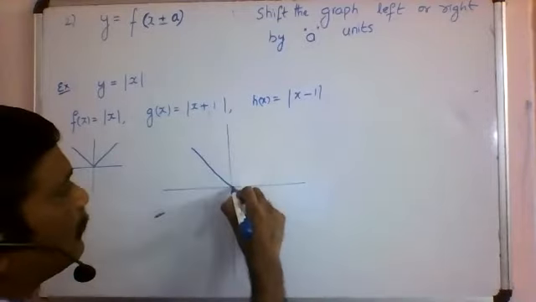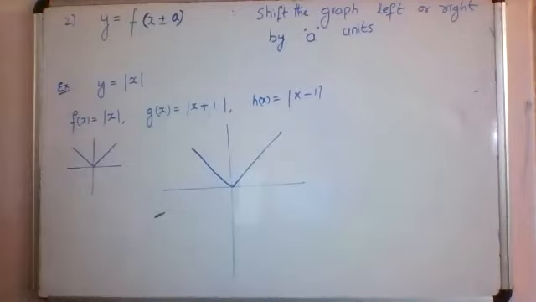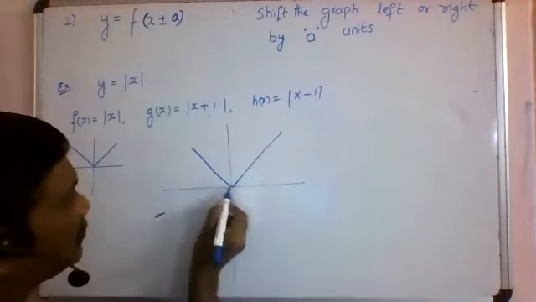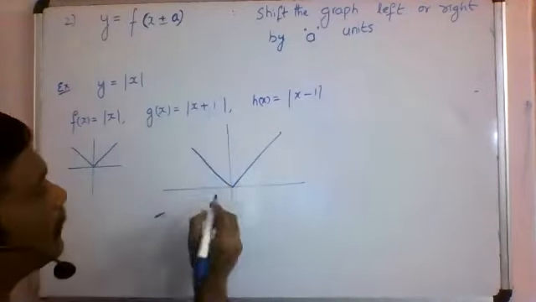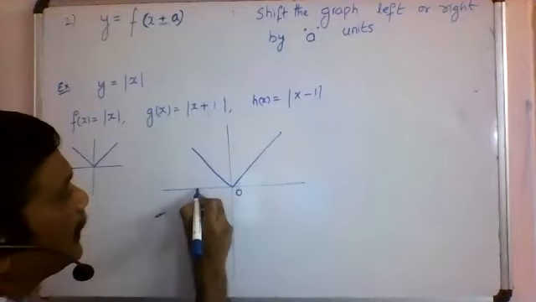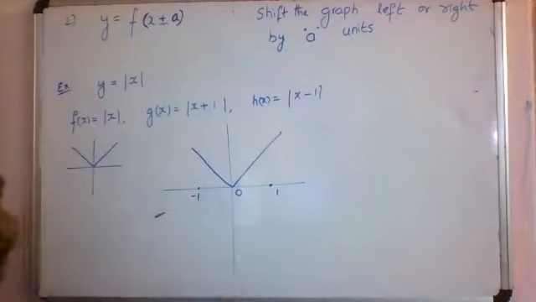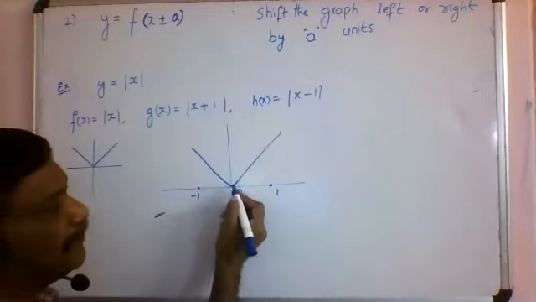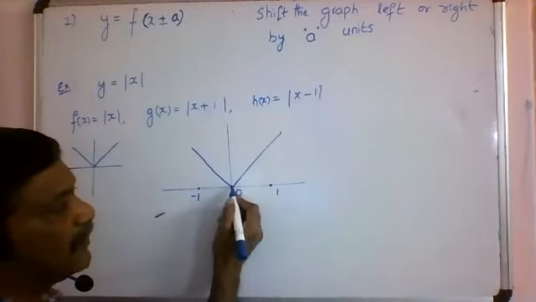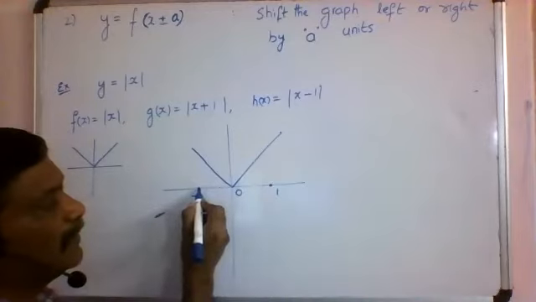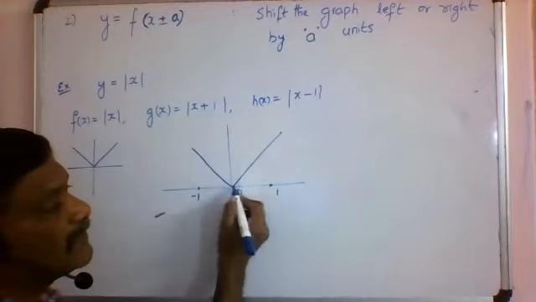This is the original graph, f of x is mod x. Now if I shift this towards the left by 1 unit, if this is 0, it will be minus 1. And towards right means here plus 1. So it is clear that shifting this graph towards the left means this vertex must come here. If we shift this graph towards the right by 1 unit, its vertex should come here.